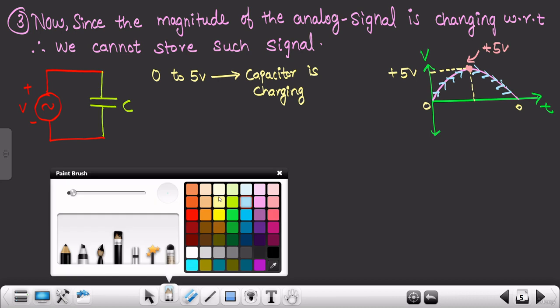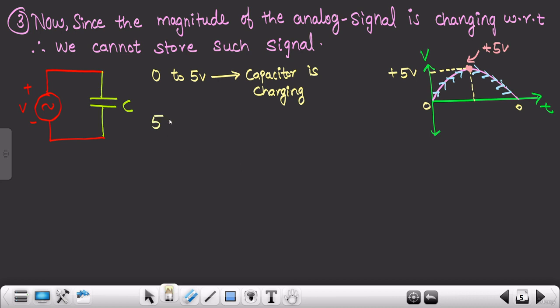So from 5 volts to 0 volts, what exactly is happening? At exactly 5 volts, the capacitor was charged. But as soon as the waveform decreases from 5 volts to 0 volts, the capacitor will discharge.